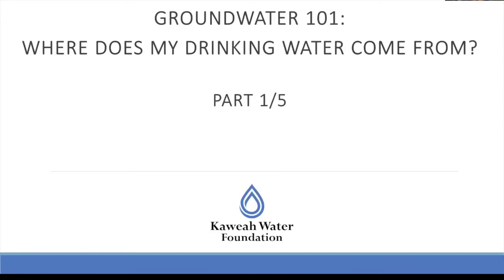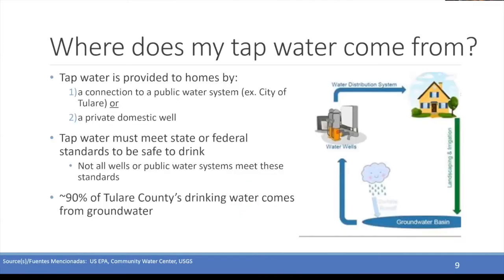Thank you, Malka. So I'll be presenting all 5 sections this morning, and we'll begin with where does my drinking water come from? So tap water within the Kaweah service area is provided to homes either through a public water system, for example, a city like City of Tulare or Visalia, or a private domestic well.